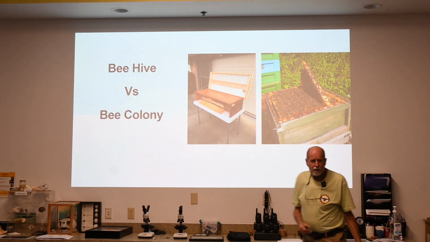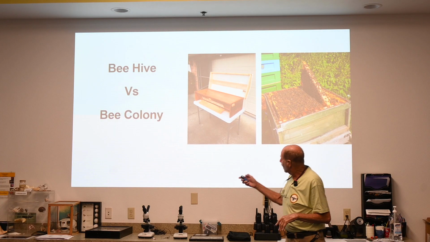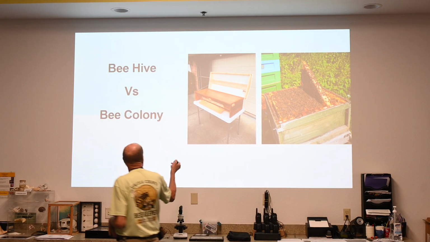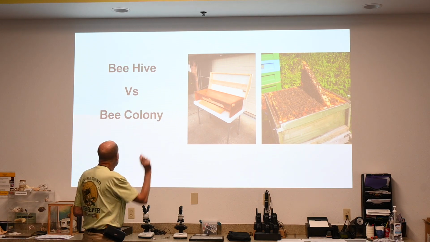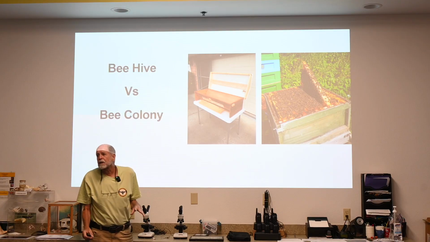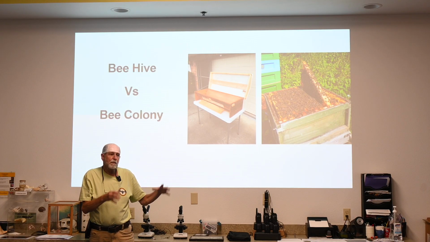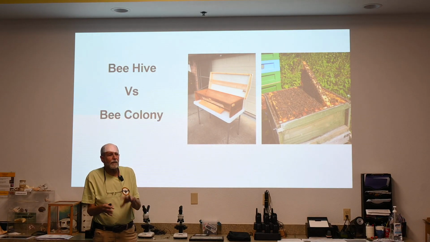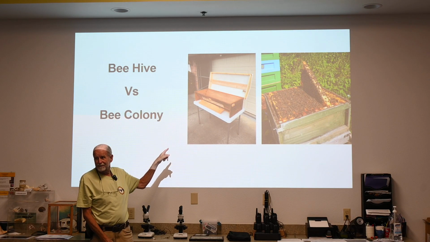Now when we talk about honeybees, I want to do a little bit of terminology to begin with. We're talking about the difference between a beehive and the colony. The beehive is literally the box that the bees live in. It could be a tree, could be a stump, could be a flower pot, but from a beekeeper standpoint, it's the box.